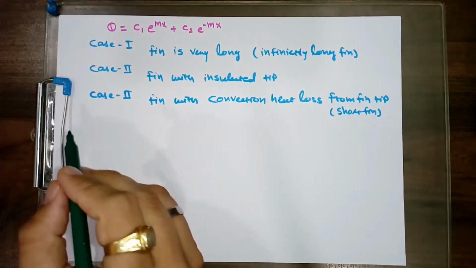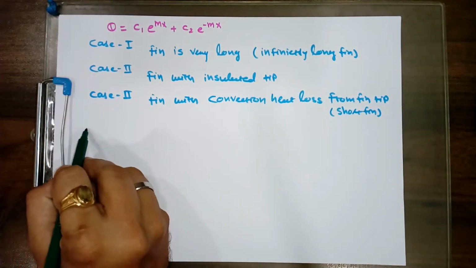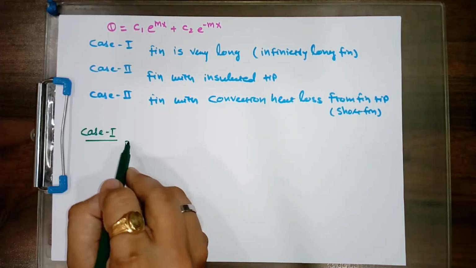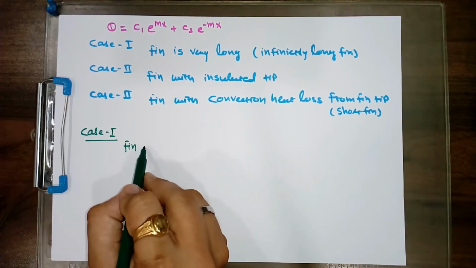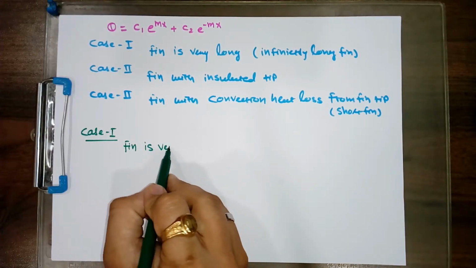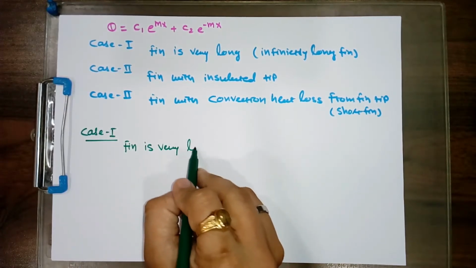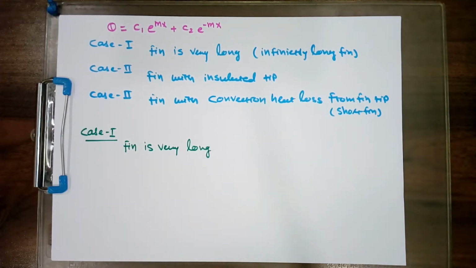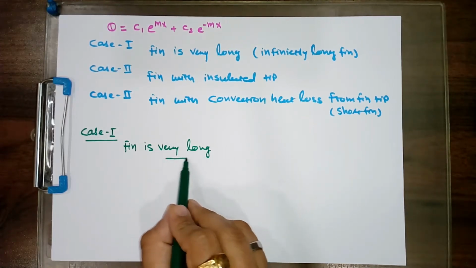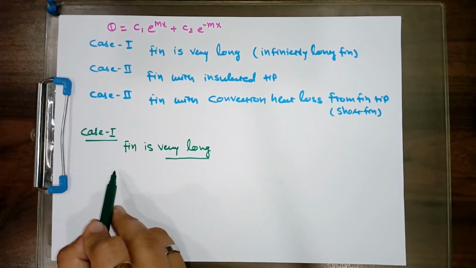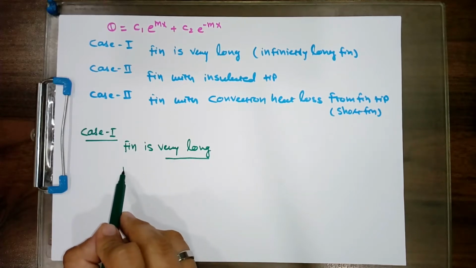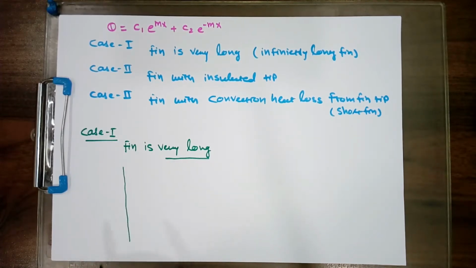So we go with the first case. Case 1, the fin is very long. If we want to represent in some mathematical form what is the meaning of a very long fin, then we can understand using one temperature distribution diagram.